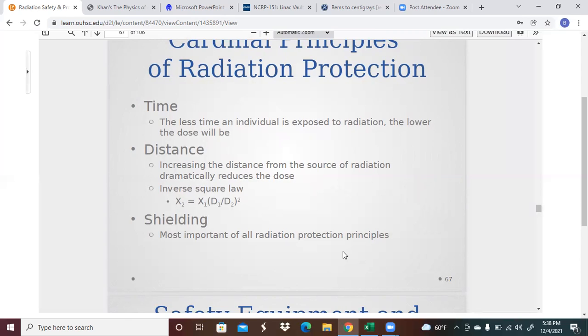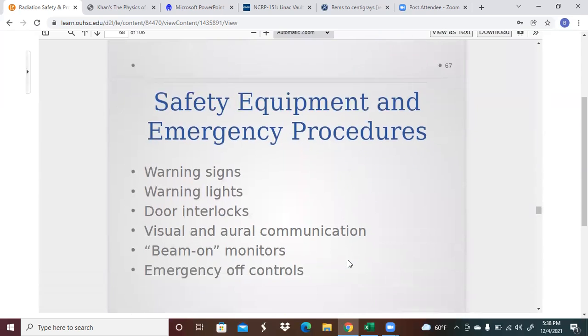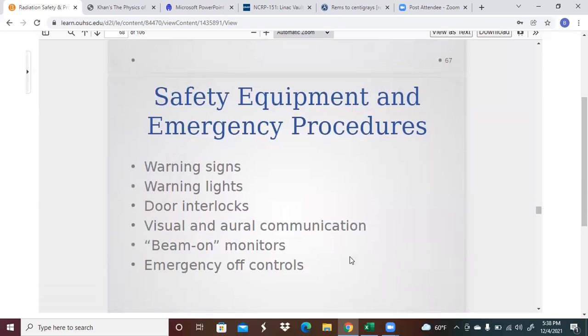So the further you are away, the more you're helping yourself by a squared factor. Shielding, most important of all radiation protection principles, and the fact that the more shielding you have between yourself and the source, the better off you are.